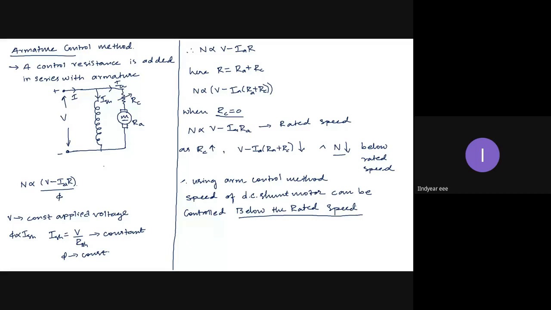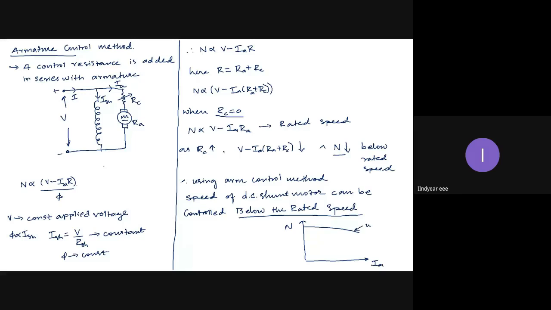Below the rated speed. Okay. So when you see the curve, if you observe the speed versus armature current curve, it is almost remaining constant.